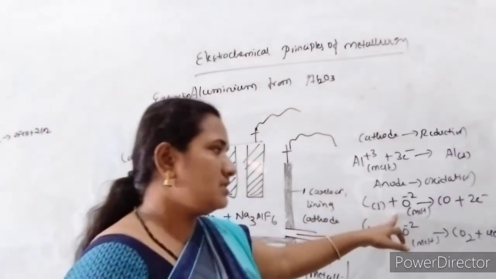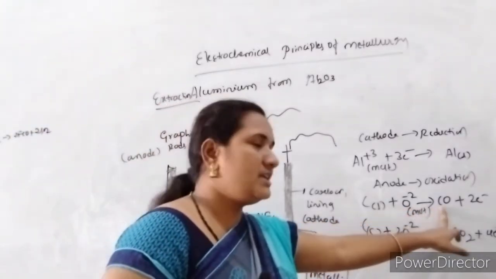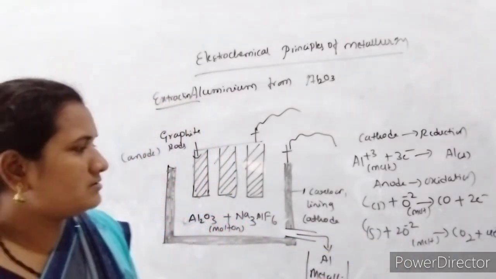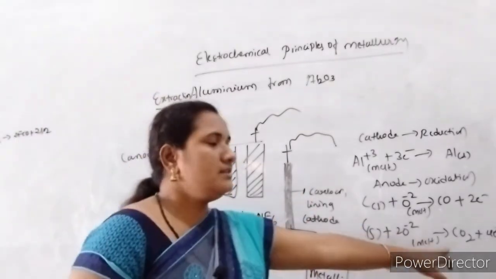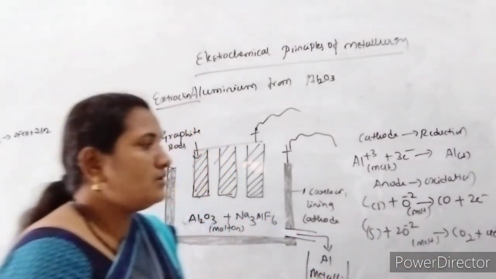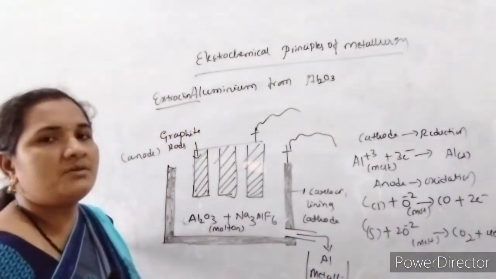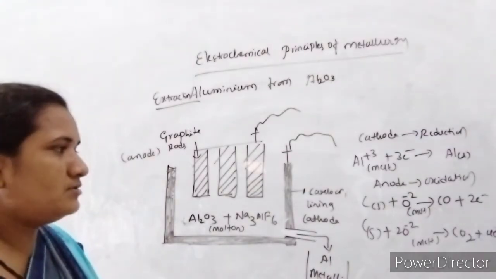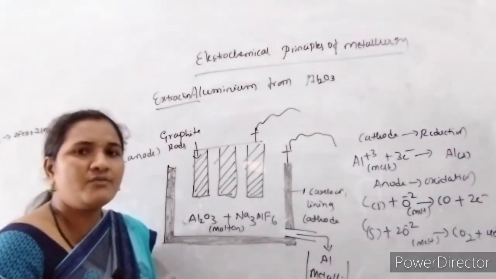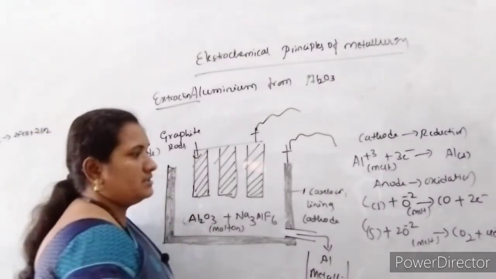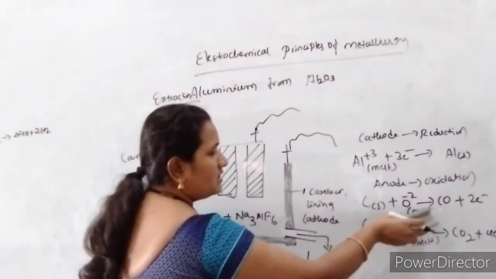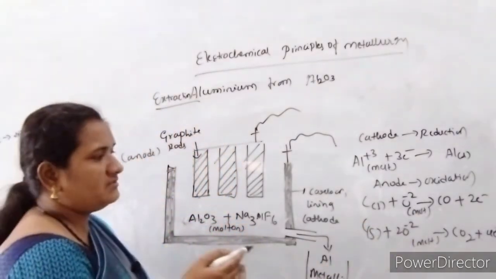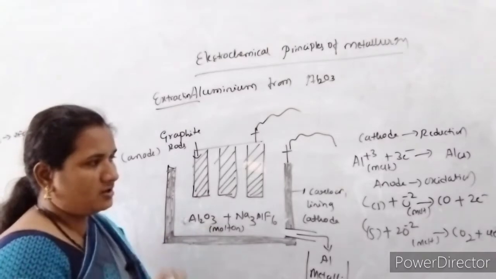If 1 mole of oxygen is present, then we get the formation of carbon monoxide. If 2 moles of oxygen react with the carbon, then they form carbon dioxide. Both are gases only, depending upon the quantity of oxygen. Before this reaction, the oxygen undergoes the oxidation process with the loss of electrons.